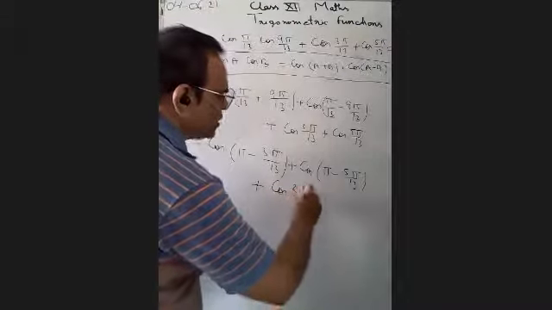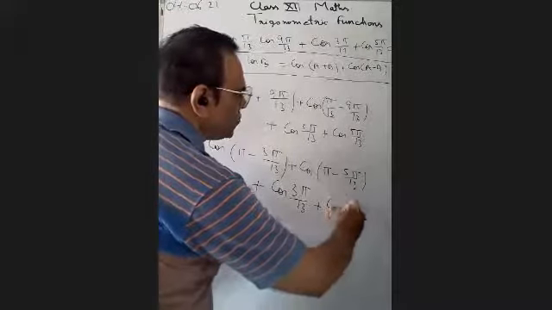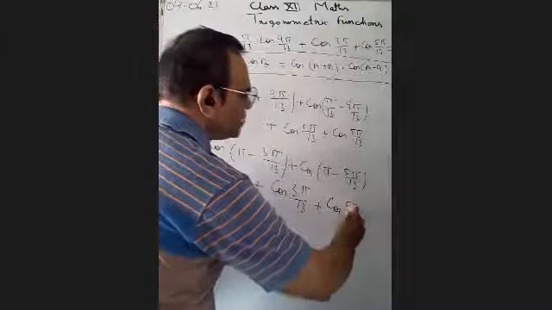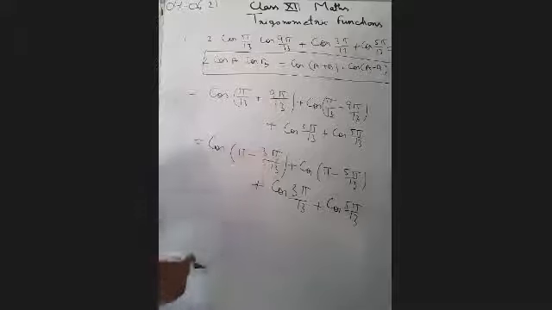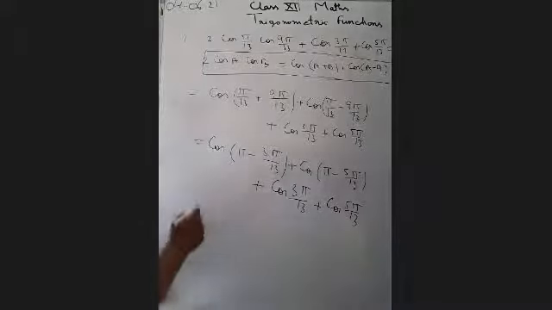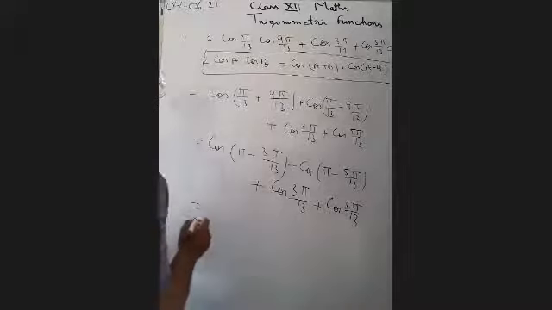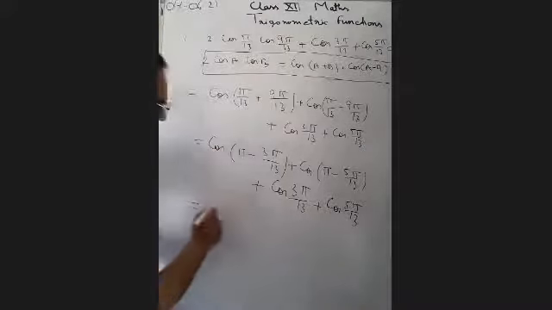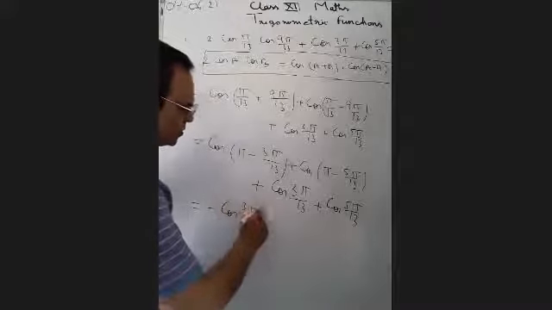Cos 3 pi upon 13 plus cos 5 pi by 13. We know that cos of 180 minus theta. Do you remember or not? Just see in your notebook or wherever you have noted it down. Cos of 180 minus theta is equal to minus cos theta. So here we get minus cos 3 pi upon 13.